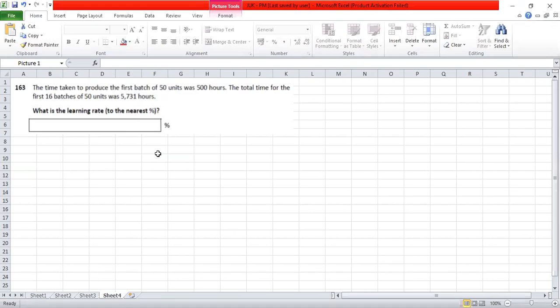The total time for the first 16 batches of 50 units was 5731 hours. What's the learning rate? We are asked to calculate the learning rate.